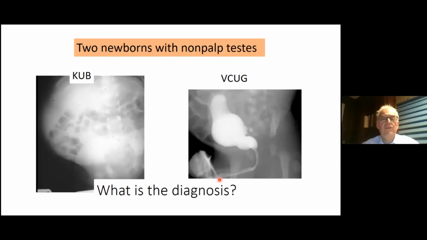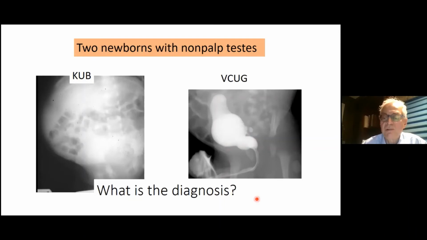Okay, prune belly, of course. Good diagnosis. So this baby has such a big belly, it doesn't even fit on the x-ray table. And this one, of course, has the urachal diverticulum and the very abnormal posterior urethra, right?